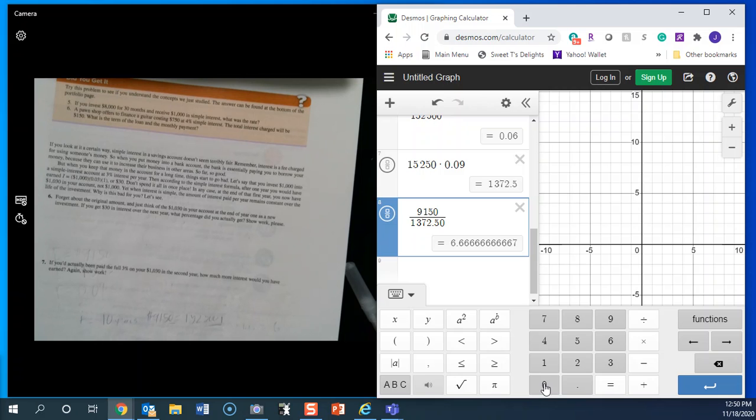So far, so good. But when you keep that money in the account for a long time, things start to go bad. Let's say that you invest $1,000 into a simple interest account at 3% interest per year. Then, according to the simple interest formula, after 1 year, you will have earned interest equal to 1,000 times 0.03 times 1, or $30.